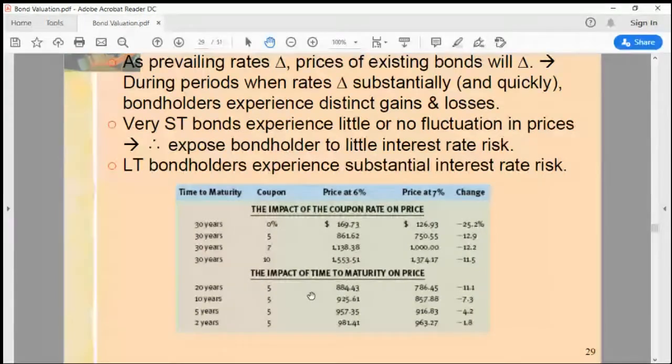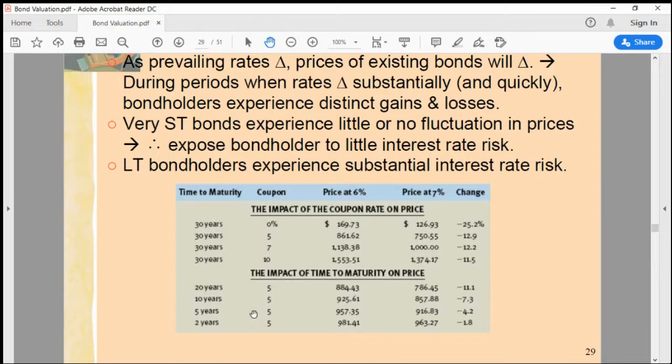So at a 6% prevailing market rate, the 20-year bond will be priced at 884, but at 7%, 786. So the change, or the drop, is negative 11%, right? For 10 years, you see 925, but at 7%, 870, 850.